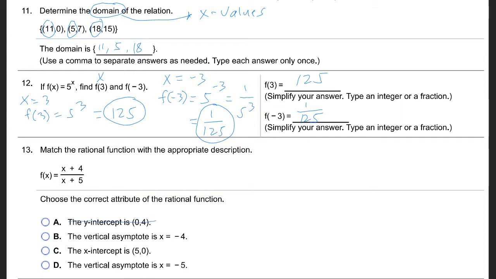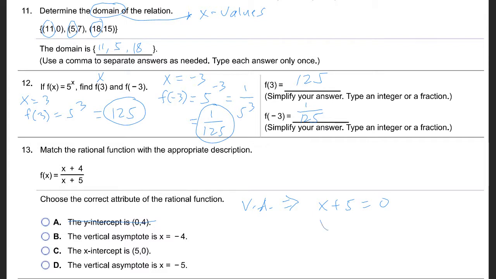letter B. The vertical asymptote is x is equal to -4. When you're talking about vertical asymptote, VA can be calculated by setting the bottom term equal to 0. So our vertical asymptote here is x plus 5 is equal to 0, since x plus 5 here is the denominator.